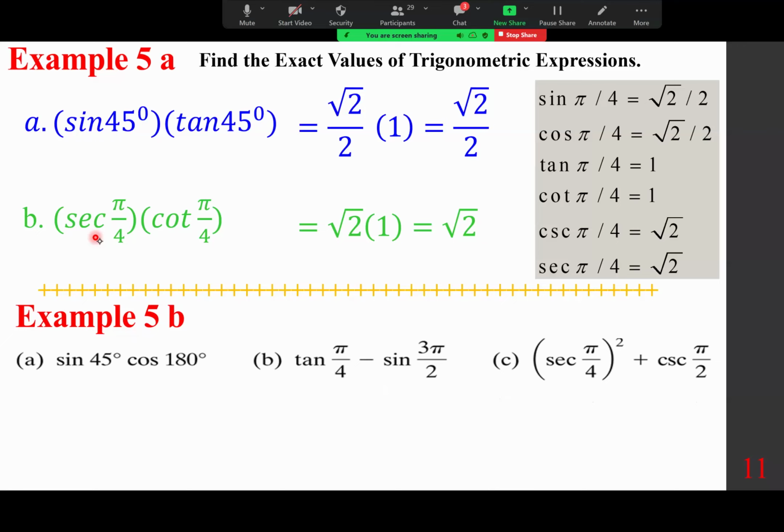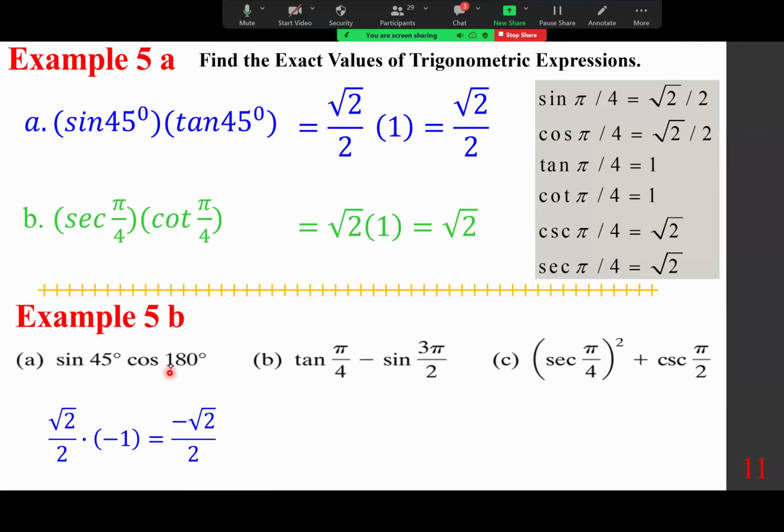All right, let's do those questions. Sine of 45 times cosine of 180: that would be square root of 2 over 2 here, negative 1 here, and the product is negative square root of 2 over 2. It's very straightforward, everybody.